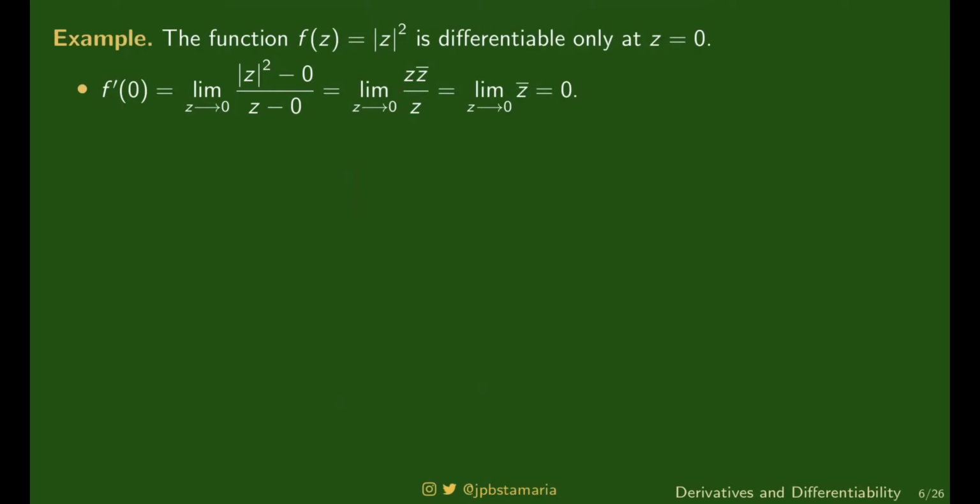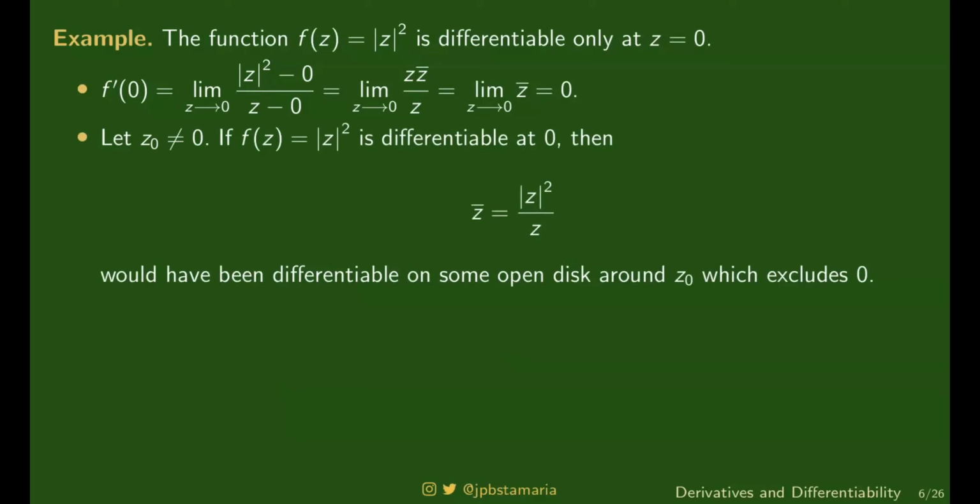Okay? Ang tanong, ano yung derivative niya anywhere else? Kailangan hindi mag-exist, no? How do we show that the derivative anywhere else does not exist? So to do that, I will take an arbitrary point different from 0. I will call it z naught. Kasi, mali itong 0. Ito yung mali. If f of z is differentiable, kung nagkataong differentiable ito at z naught, si z naught hindi 0, diba?